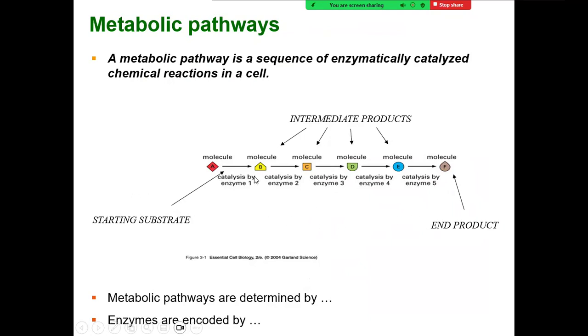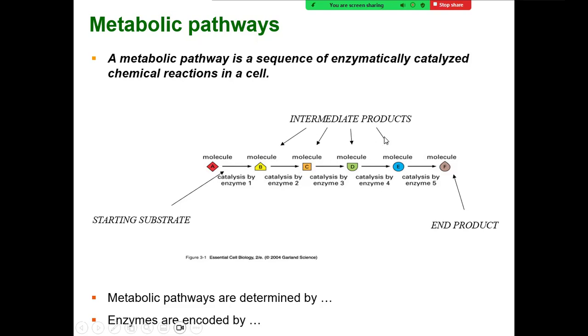Molecule B is the first product in the metabolic pathway, but it's also the starting substrate for this chemical reaction converting molecule B into C. So these products here in the middle are called intermediate products because B is the product of this reaction, but it is the starting substrate or reactant of this reaction.